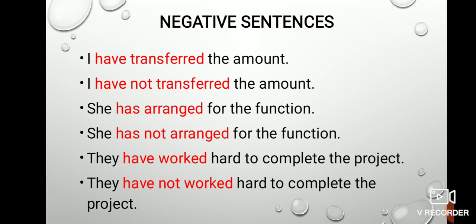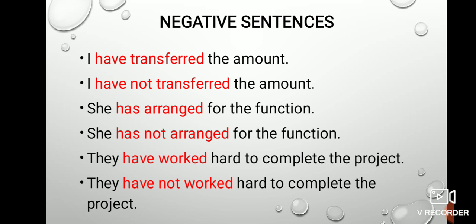See, negative sentence: the same way as last time we saw with present continuous, you have to go with negative sentence also for present perfect tense. I have transferred the amount. For that, negative is I have not transferred the amount. She has arranged for the function. She has not arranged for the function.